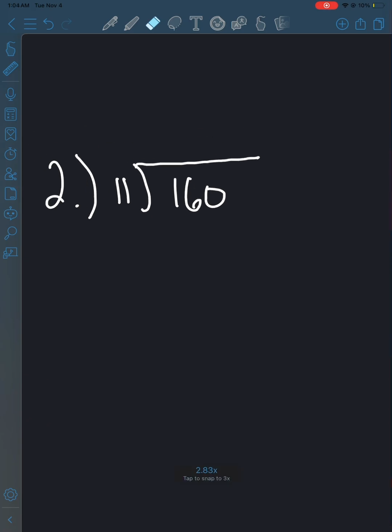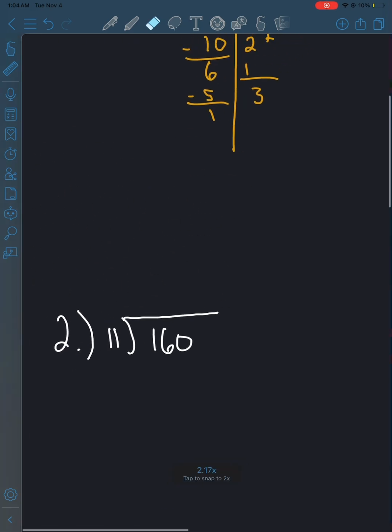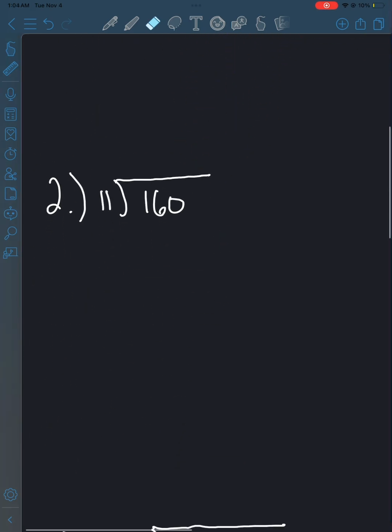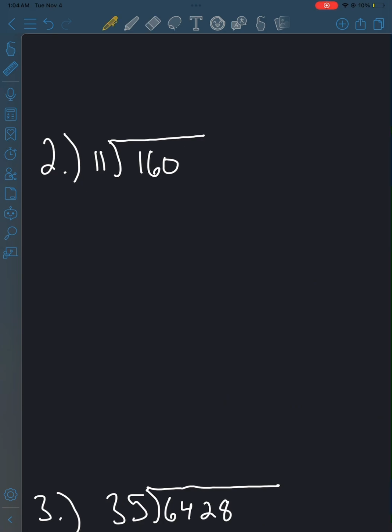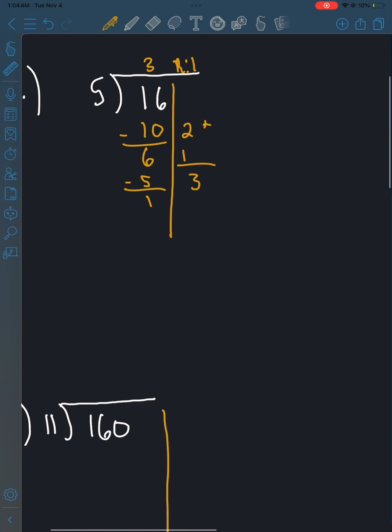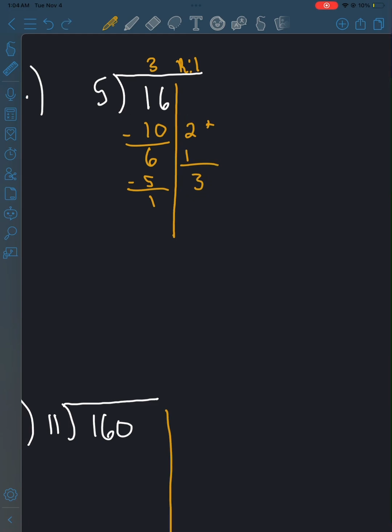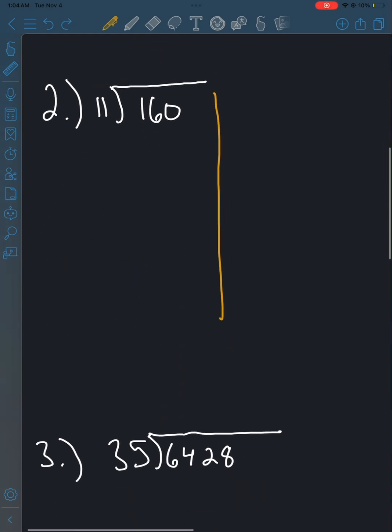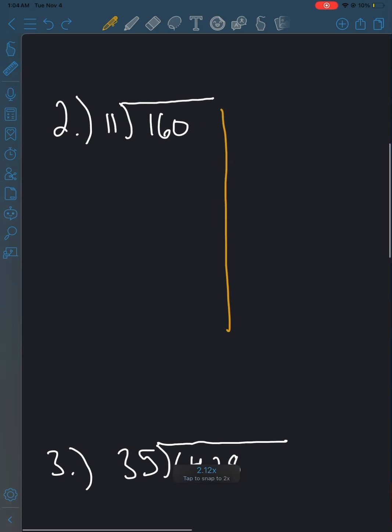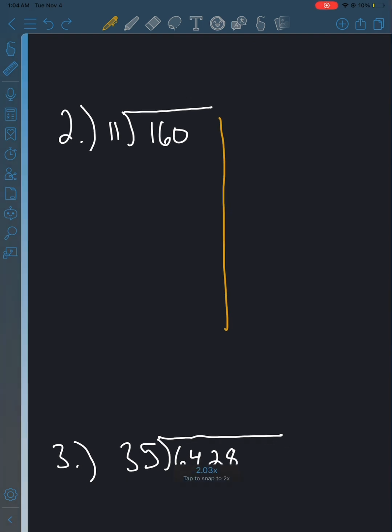11 into 160. And that seems like a big jump from 5 into 16, but bear with me here. So let's make a little line for where we put our numbers, like we did over here. I like to start with the 10s. So we have 11. Now, if you don't know your facts that well, a good one you can start with is the 5s or the 10s.